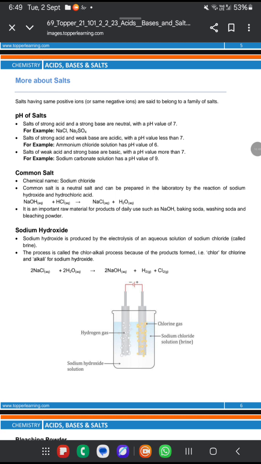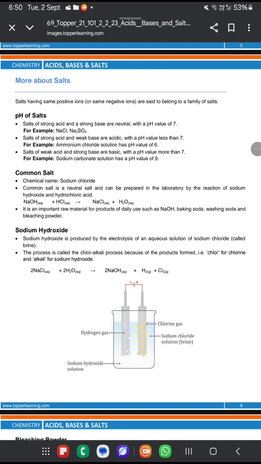The pH of salts of a strong acid and a strong base is neutral, with a pH value of 7. For example, NaCl, Na2SO4.